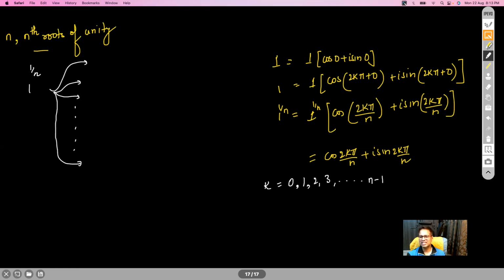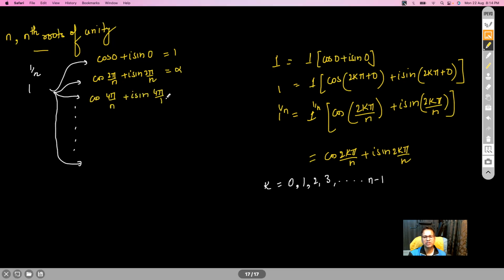Okay. So when I start mentioning these values, the first value will be when I put 0, which is cos 0 plus i sin 0. That's 1 itself. Second value will be when you put 1, you'll get cos 2 pi by n plus i sin 2 pi by n. Normally some books will call it alpha.